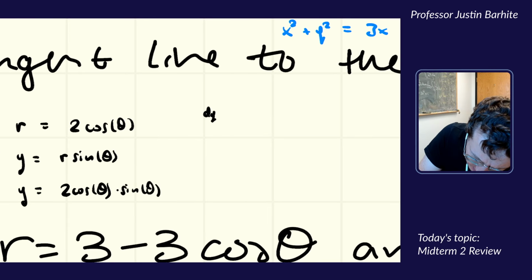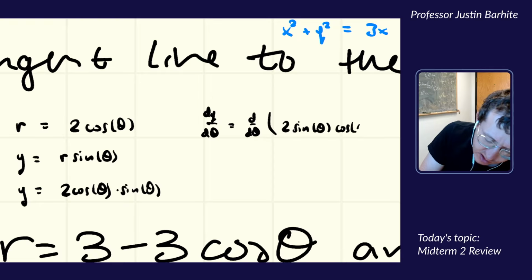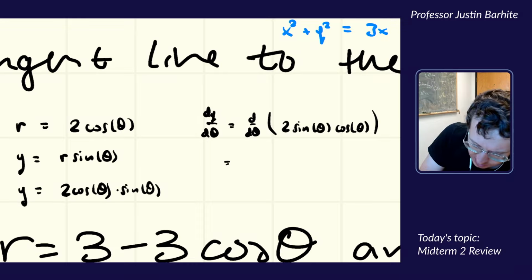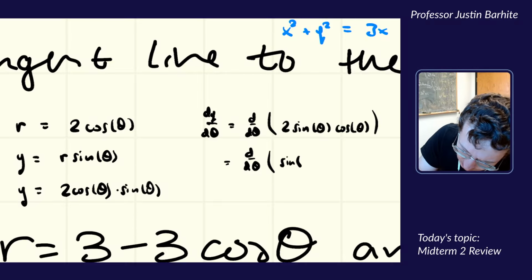So dy d theta is the derivative of 2 sine theta cosine theta. You could use the product rule. I see a shortcut, which is, I recognize a trig identity here. 2 sine theta cosine theta is the sine of 2 theta.